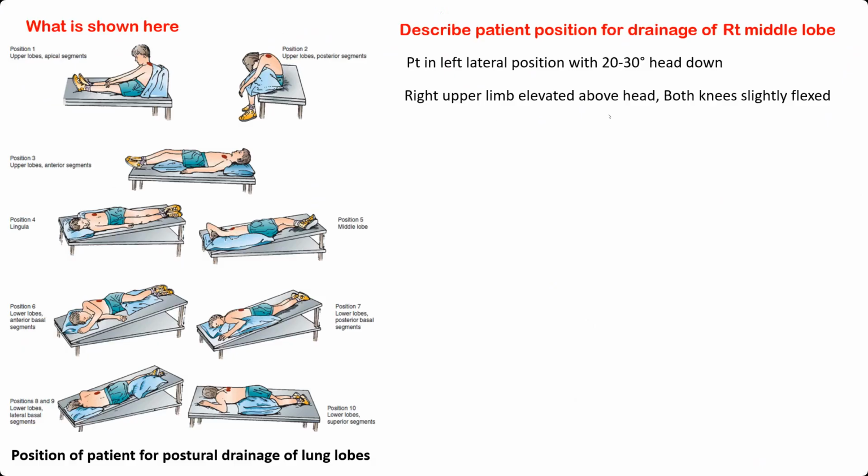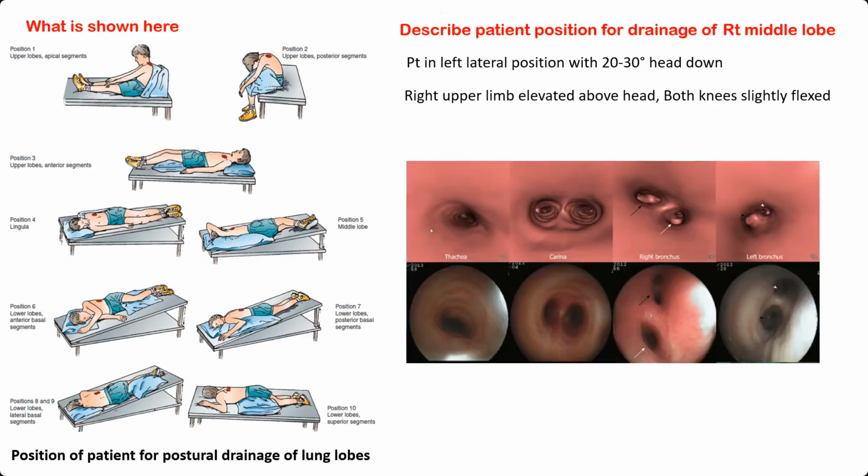Right upper limb is elevated above the head, and both knees are slightly flexed. This is the bronchoscopic view of the trachea, the carina, the right main bronchus and left main bronchus. In the right main bronchus, you can see the opening of the upper lobe bronchus very soon after you enter. So this is a picture to give you some idea about it.